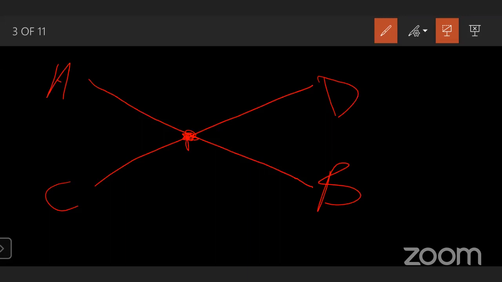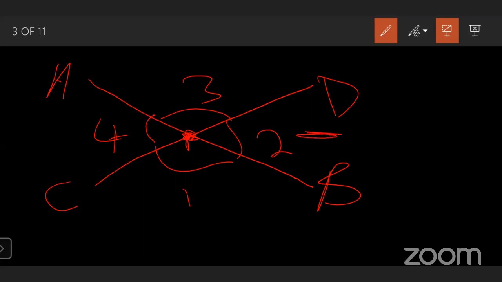So how many angles do these lines form? They form 4 angles. This will be our first one, second one, third one, and fourth one. Let's name them 2, 3, and 4. So these are our vertically opposite angles. This side is vertically opposite to this side.